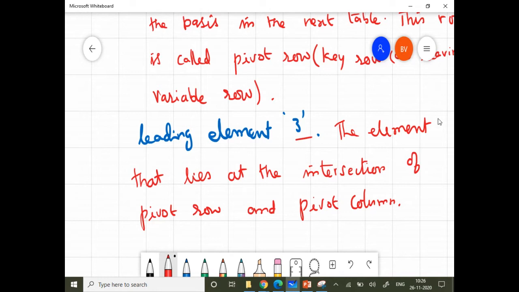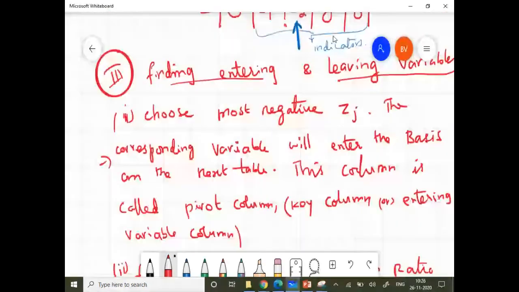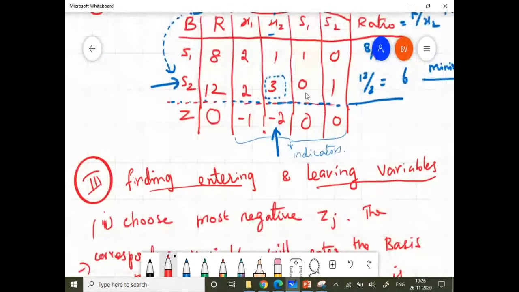So this leading element has different names as well: pivot element, key element, and leading element, right? So this leading element plays a crucial role in the next step. Our target is to make this pivot element into 1 and other column elements into 0 by using the reduction method. So the reduction method starts now.